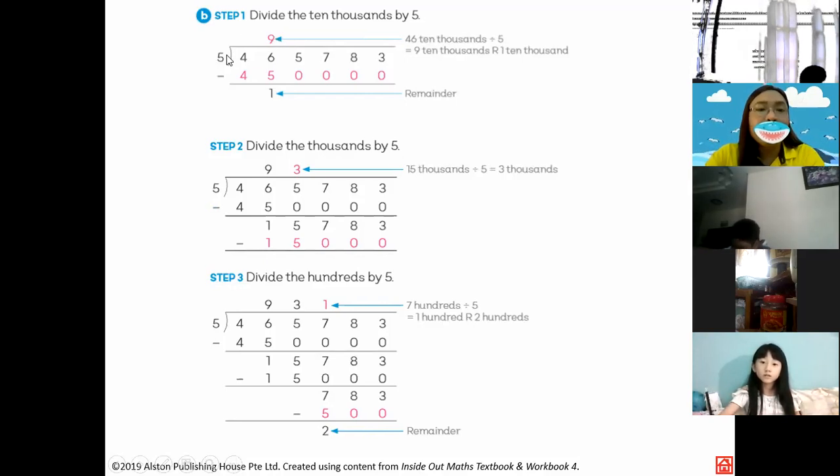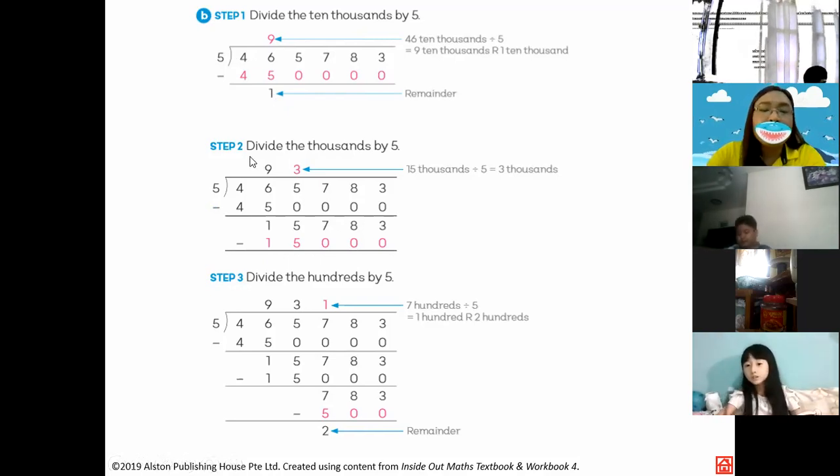Then 9 multiplied by 5 is 45. Subtract 45 from 46, that's 1. 1 is the remainder. Second step, bring down 5 to make 15, then divide 15 by 5. That's 3, and 3 times 5 is 15.